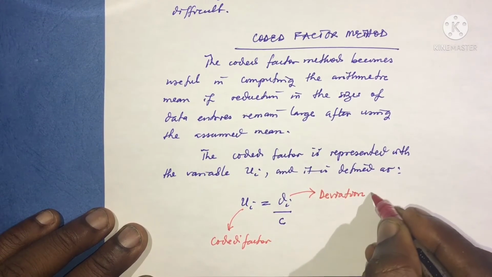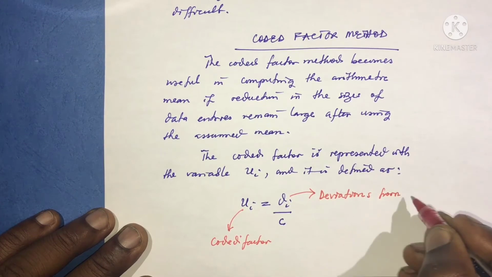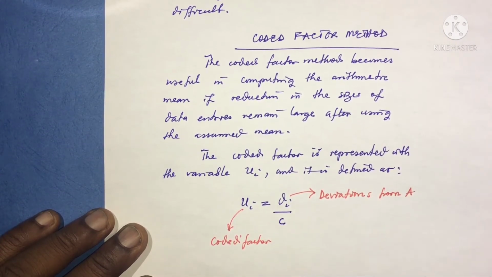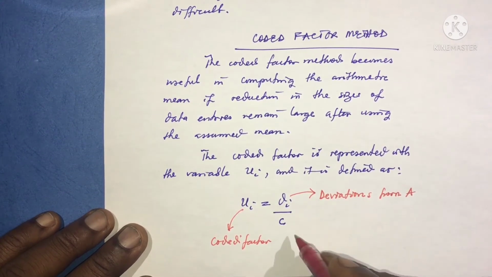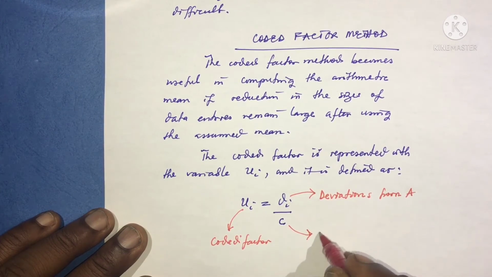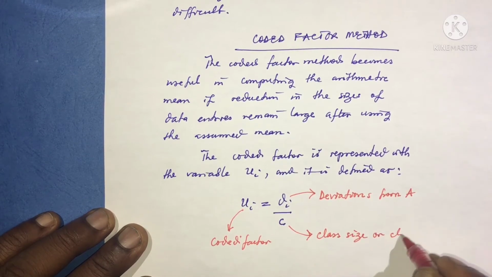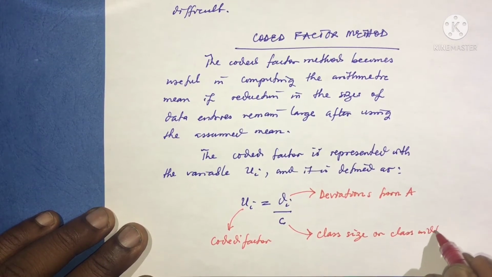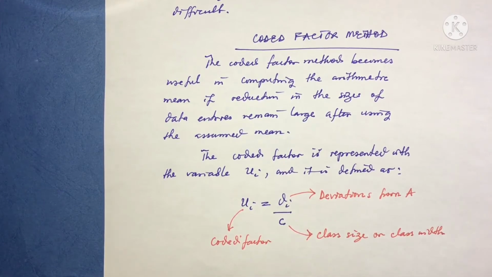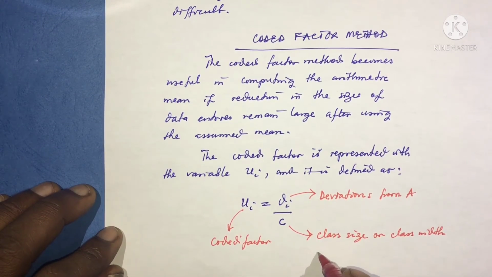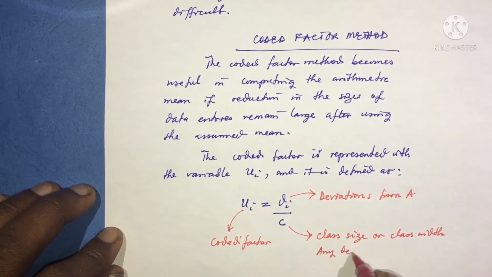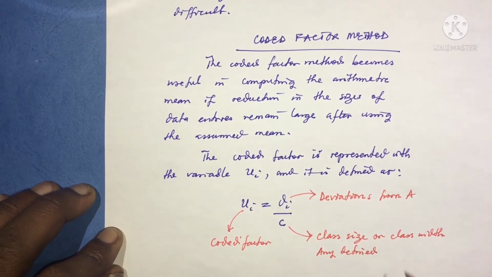Di remains as defined earlier on. It remains deviations from A, the assumed mean. And C here represents the class size or class width if we are talking about a group frequency distribution, but it may be any defined number if we are talking about an ungroup frequency distribution.